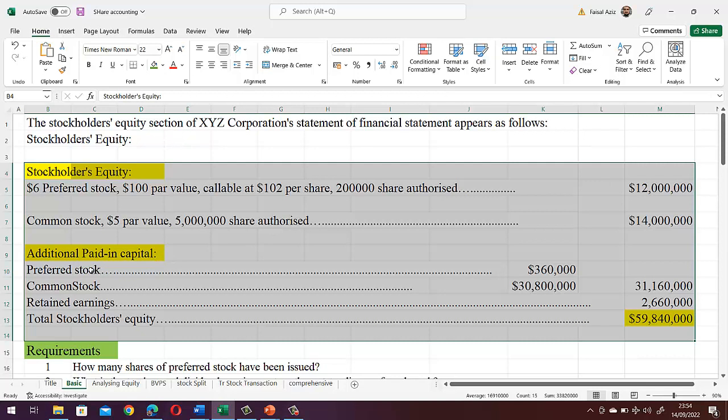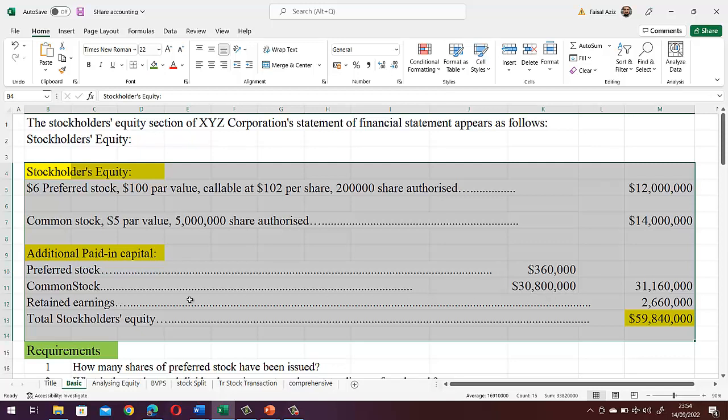So here it mentions that the extra premium which the company has received after selling its preferred stock is $360,000, and similarly the extra premium which the company has collected after selling common stock is 30.8 million.